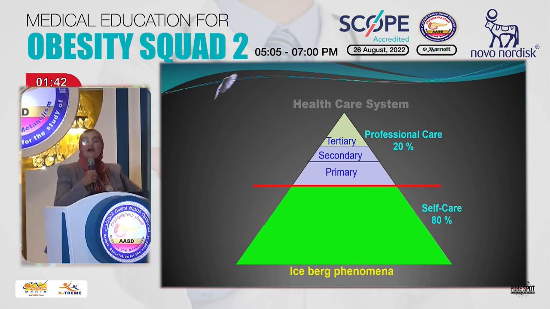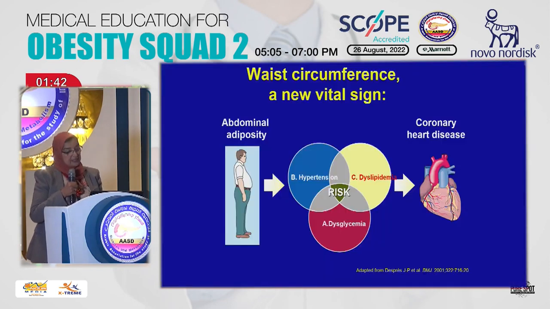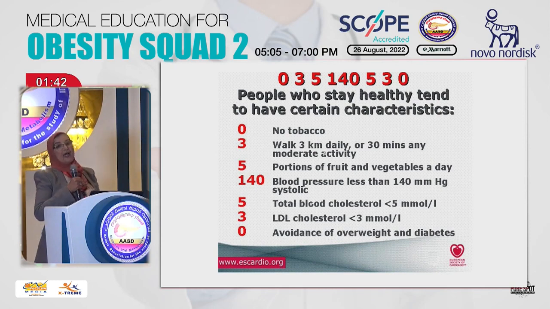So we should adopt the preventive strategy and take it as our base, and this will have a favorable effect. I just have to say that waist circumference is now becoming a new vital sign. So we have to look at obesity as one of the important risk factors for heart disease.